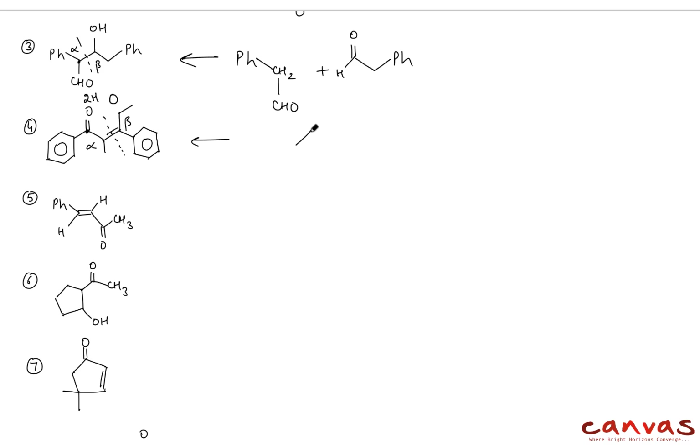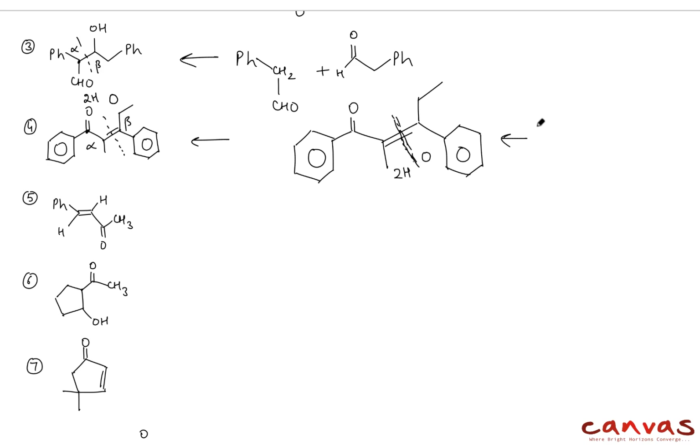Okay, let me draw this in a little emphasized way. So here we are. So when you break this bond, the right side doesn't have oxygen. So you break the bond and add 1 oxygen here and add 2 hydrogen here. So you are just adding H2O.